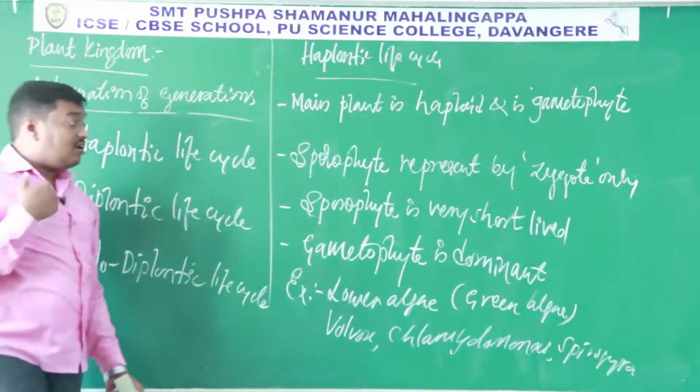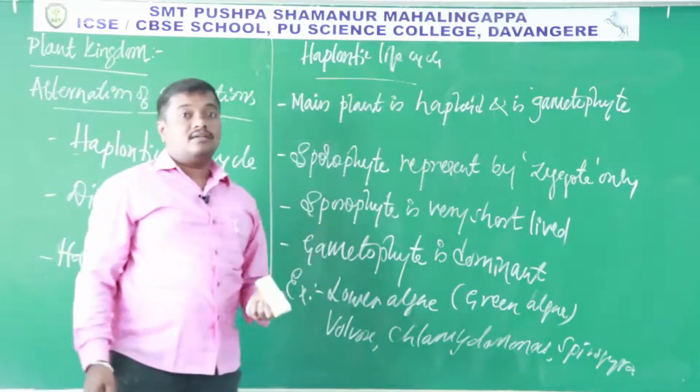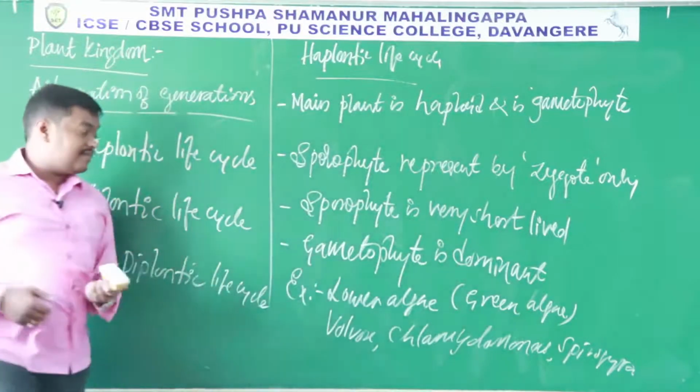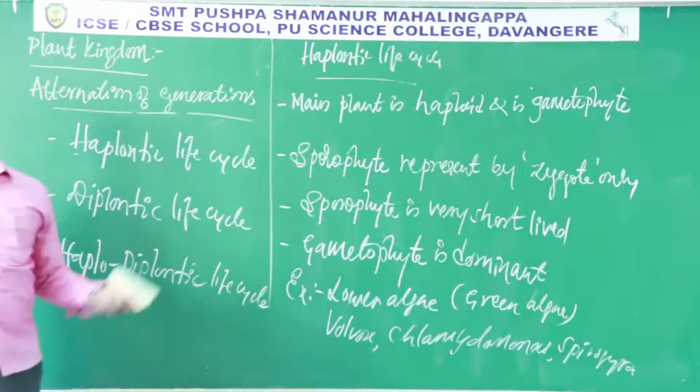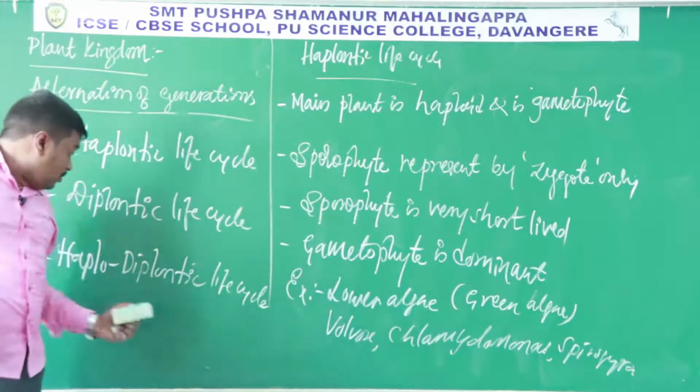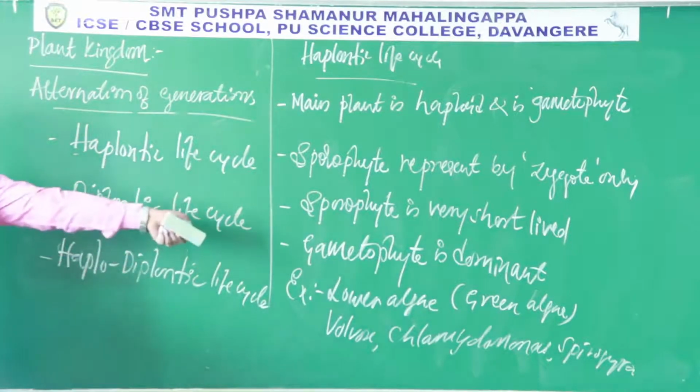Remember, not all algae exhibit haplontic life cycle. Only the unicellular or filamentous algae have a haplontic life cycle, and a few have this haplodiplontic life cycle.